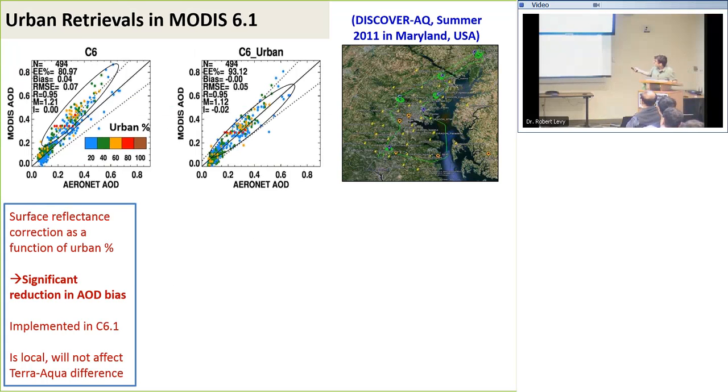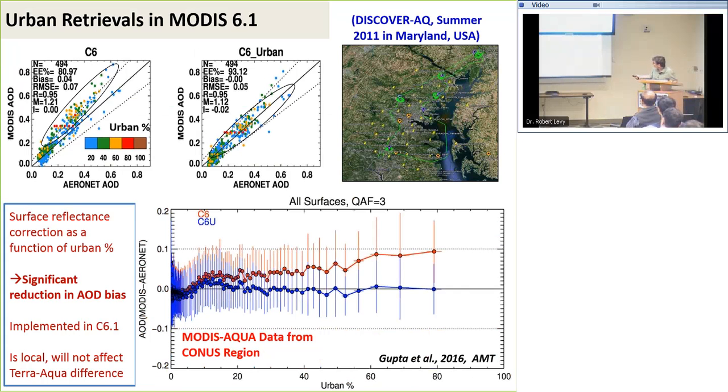An additional thing that we have is urban improvements. What we had found in collection 6 is that if you knew something about the urban area, like more cities, we'd find that in city areas we had a high bias to our retrievals. And it was all because the cities don't behave like the rest of vegetation or natural surfaces.